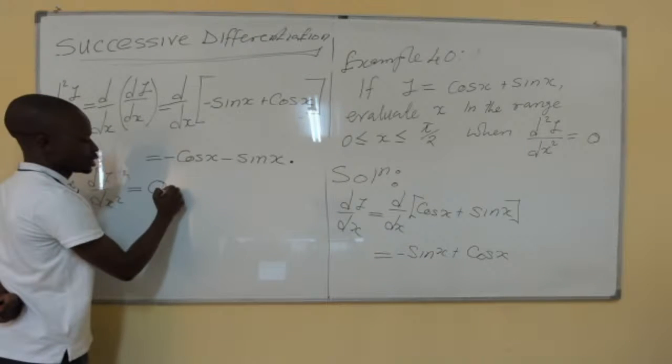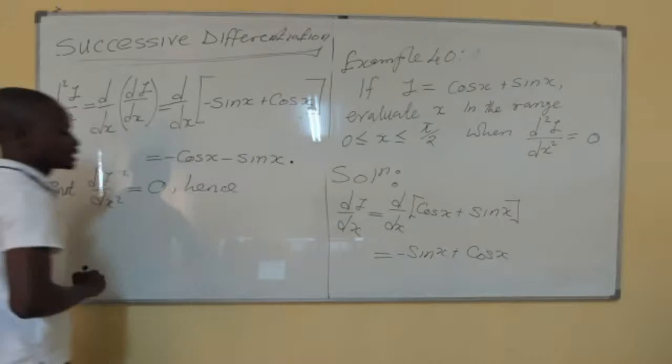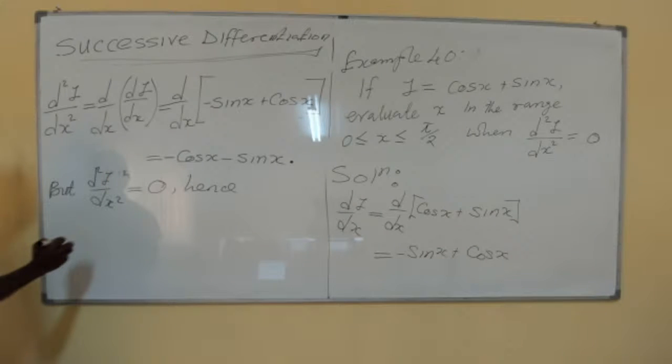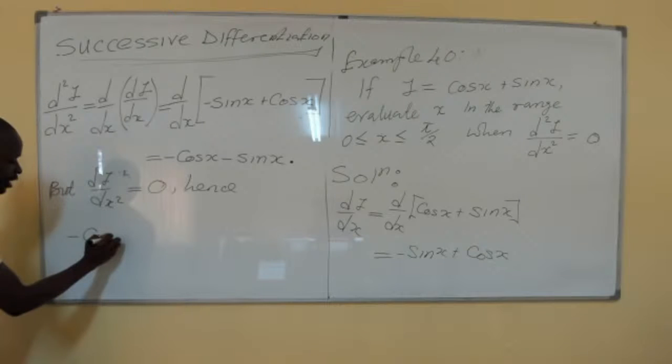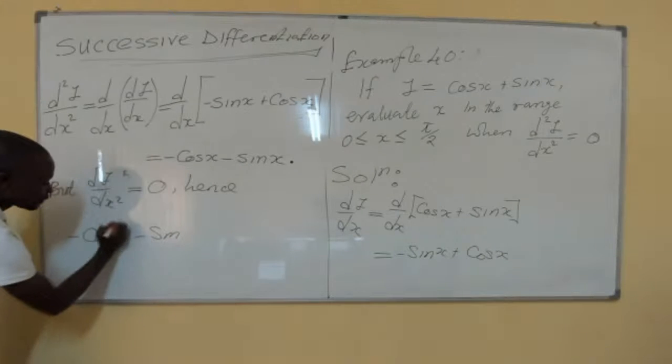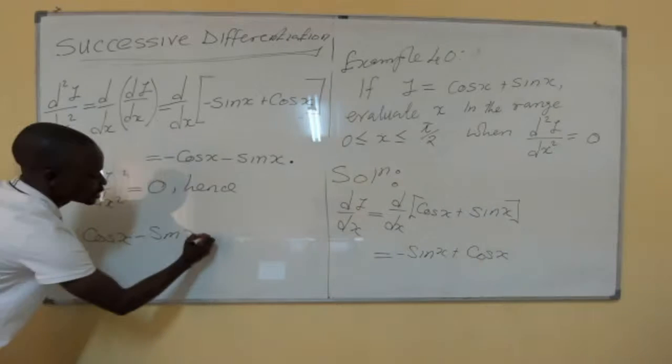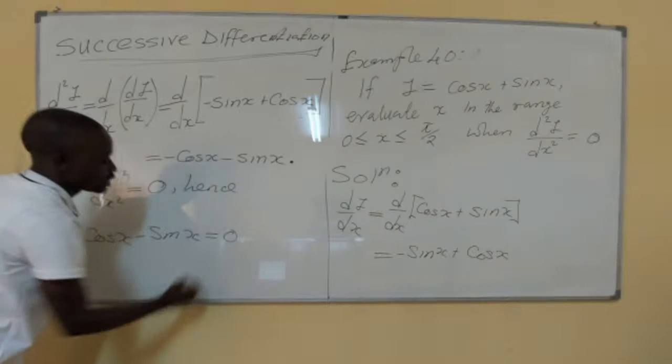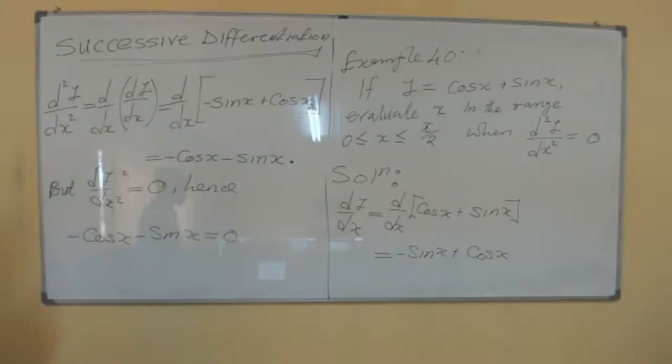Hence, what we are saying is that the negative of the cosine of x minus the sine of x must be equal to 0. So the negative of the cosine of x minus the sine of x must give us what? 0.